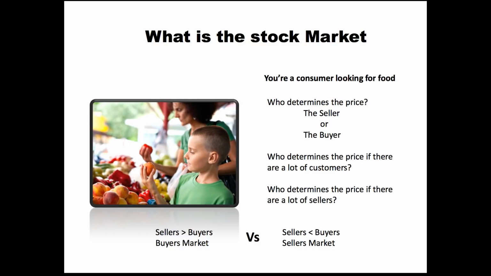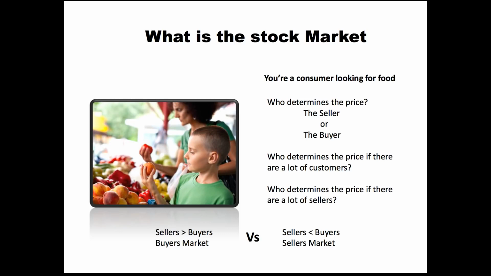Well, the more vendors that we have all selling the same product, the little boy now has the option to say, well, you wanted $1, but the person over here only wanted 90 cents, so can you beat their price? And so then what you get is competition amongst the sellers or the vendors, and the little boy is the person who's really controlling the price as the buyer.